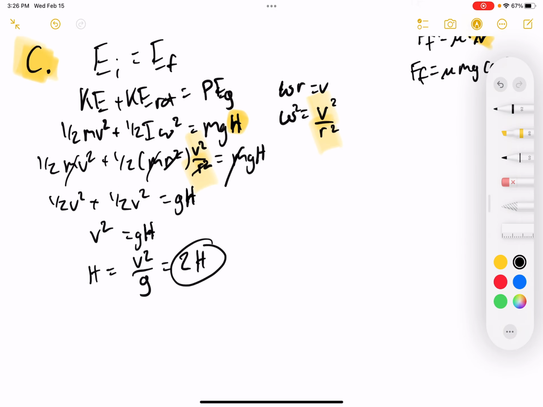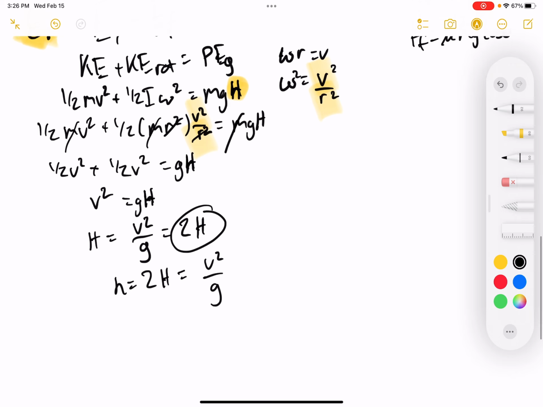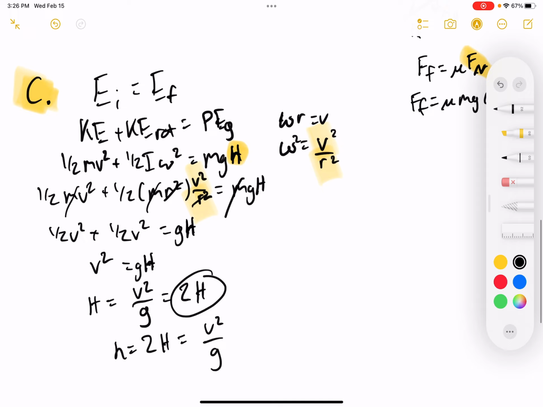So the height we have for this will just be 2H, which is equal to v squared over g. So that was part C.